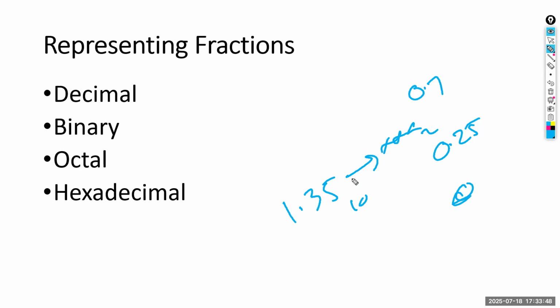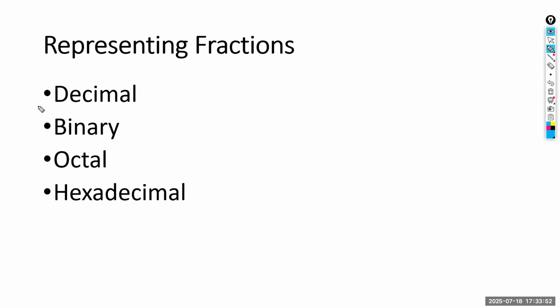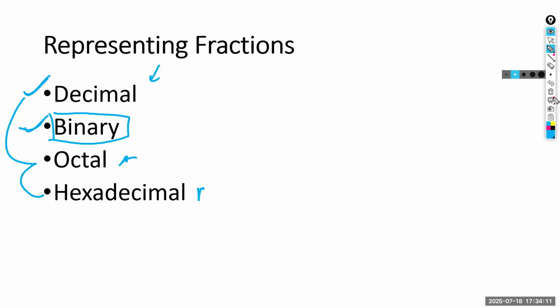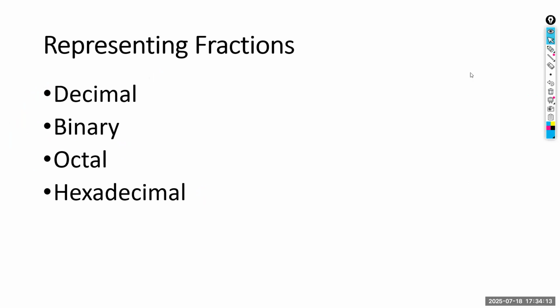That is our next subtopic. Again, we are more interested in decimal and binary. Of course, you can extend it to octal and hexadecimal, or base 12 or base 7 or whatever, but our exercises will be more towards binary.